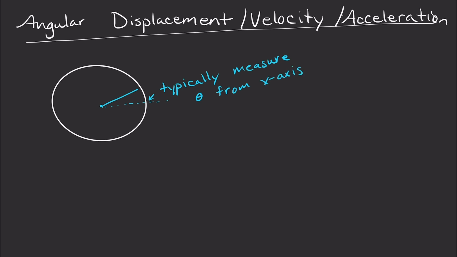Imagine we start off at some angle that's not quite at the x-axis, which we'll call theta 1, and then we rotate up to some other angle, theta 2, so maybe we start here and end here, going through this arc length.